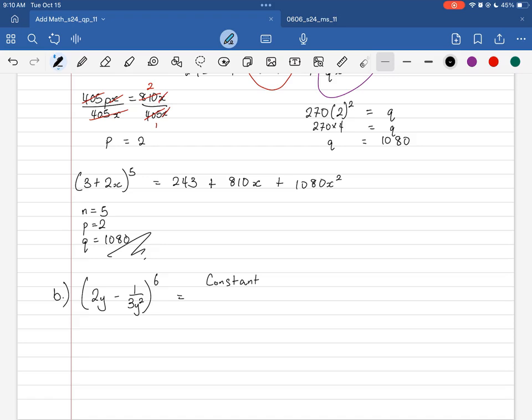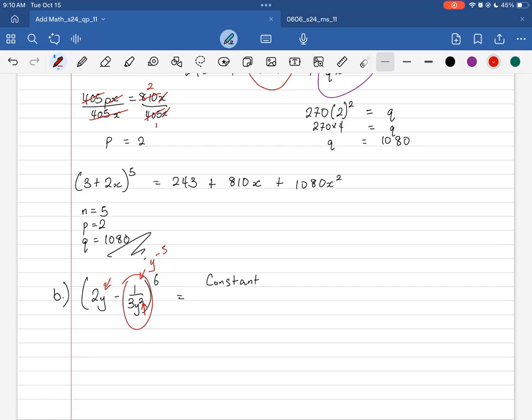I would say to go in ascending order of y, because as you increase in y, the negative power of y here becomes bigger, so this becomes like y to the power minus 5 or something.